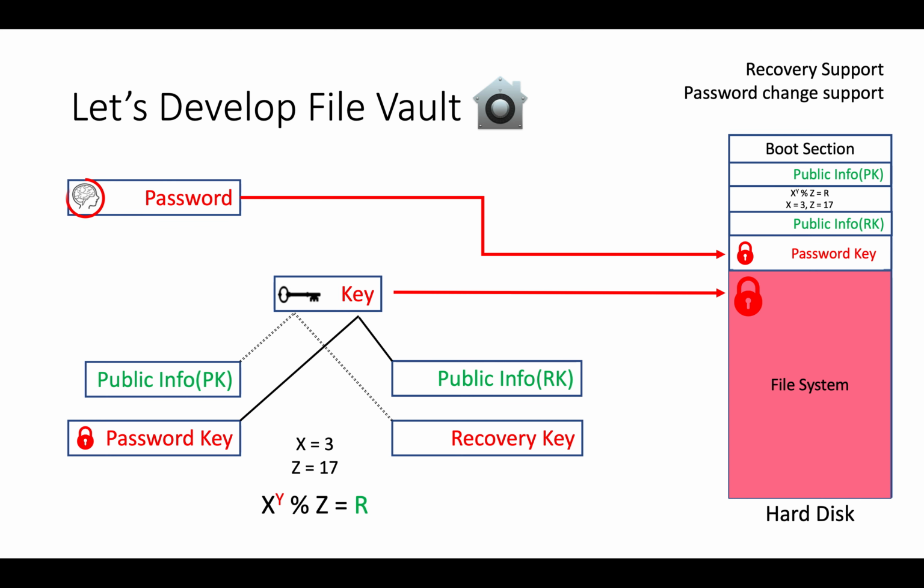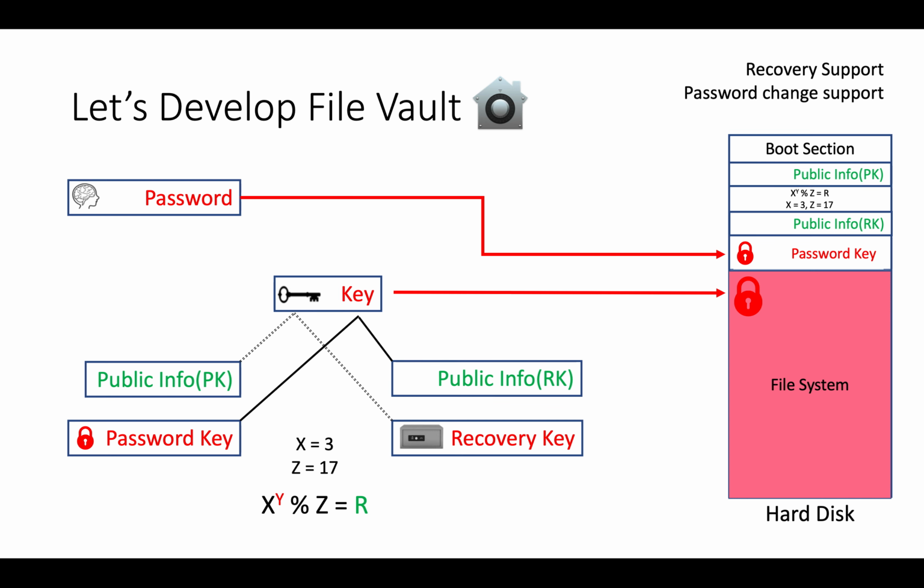The user password is stored in the user's brain. The recovery key is stored in a locker. If the user has to change the password, we only need to re-encrypt the password key. That's it. Now our password change is very quick. This method can be improved further, but I am leaving it to you.